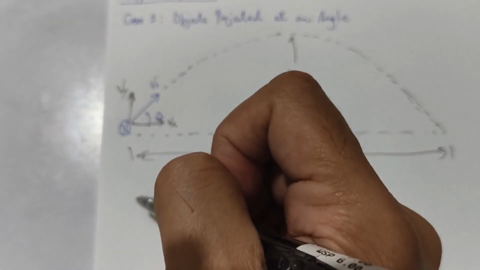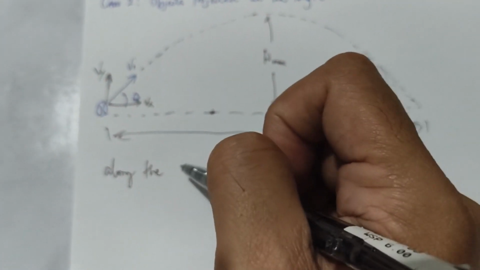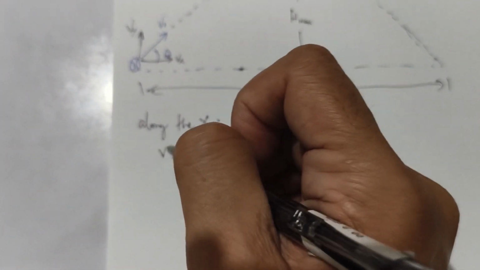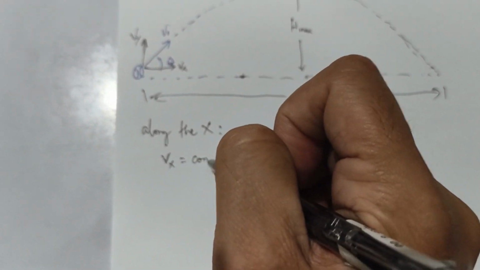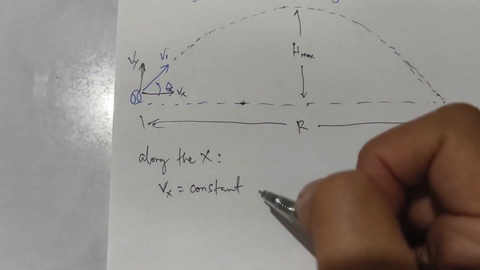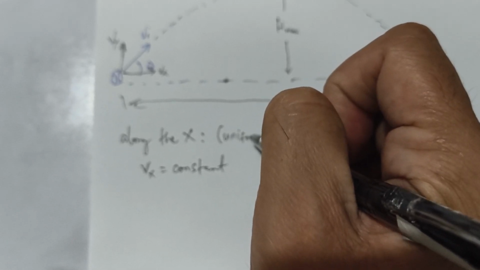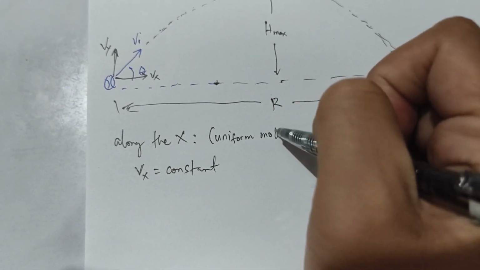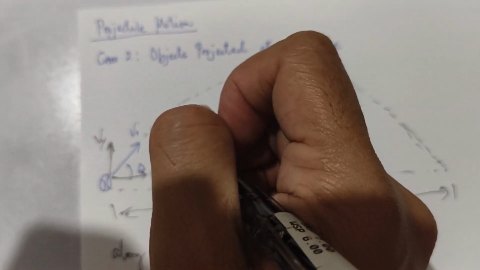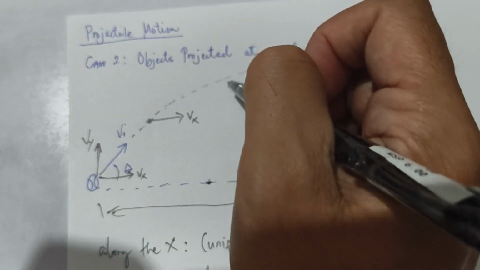Alright? Okay, so along the horizontal or along the x, Vx is constant, does not change. Okay, so we have in this case a uniform motion. So, ibig sabihin, all throughout, the value of Vx is the same.